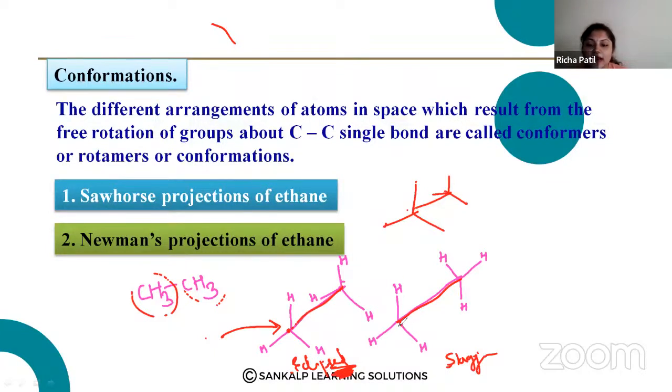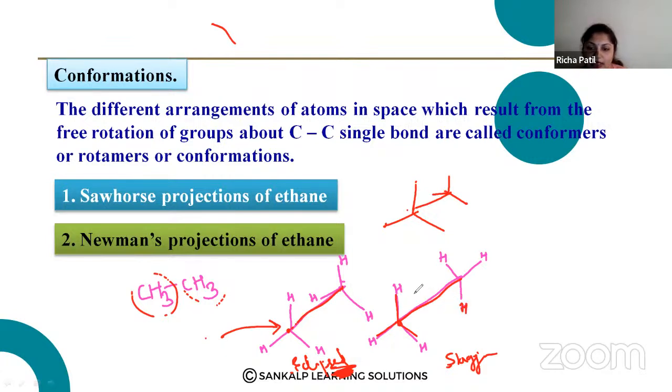So how do you get a staggered form? The front carbon is kept constant. You are not moving it, just keeping that front carbon like that, and you are moving the rear carbon by 90 degrees. So what happens when you move the rear carbon? This hydrogen will point downwards.